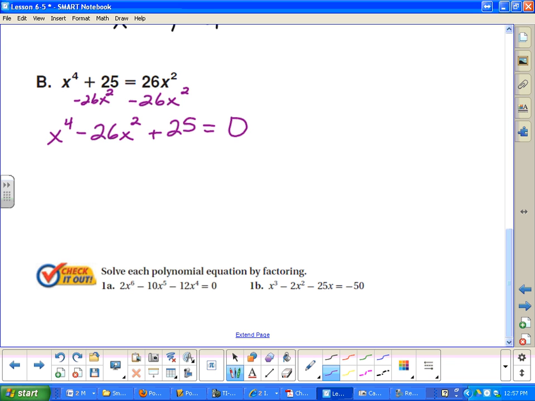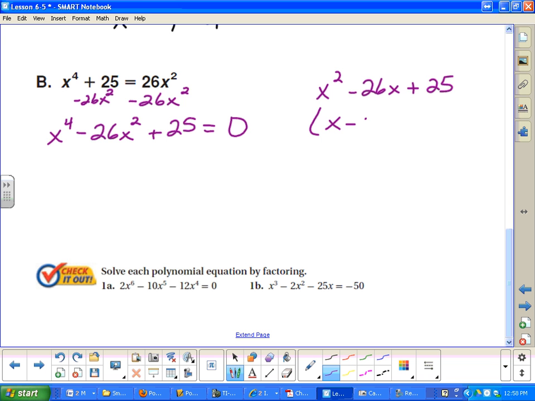And this is just like that one in the homework. So if it looked like this, if I asked you to factor x squared minus 26x plus 25, what would you get? 25 and 1 add up to 26.